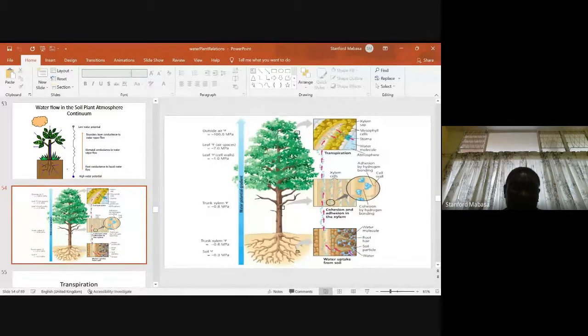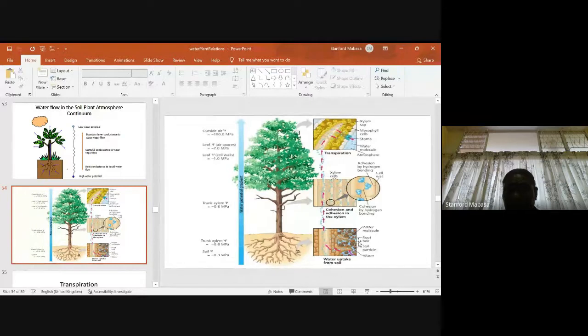So the direction of water flow is the blue route. So water moves from the soil up the tree, and then it is lost into the atmosphere. At this point, I just want you to get that concept.